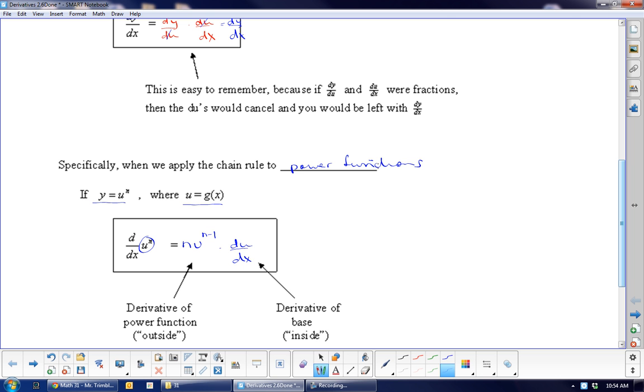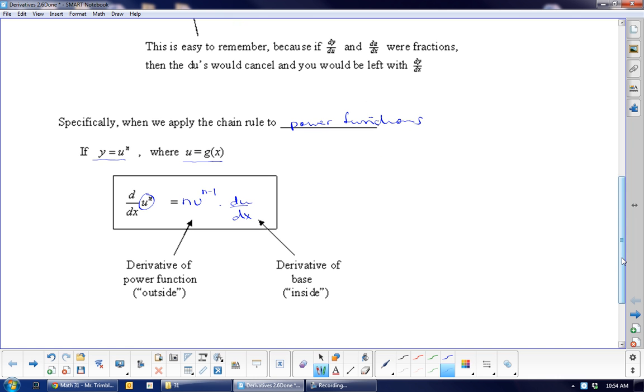So you do the derivative of the outside and then do the derivative of u. So derivative of the outside function times the derivative of the inside function. Okay? So that's just a bunch of ways to say the same thing. And I think this makes totally no sense until you actually see the examples. So that's why I kind of did that first, so you can see how this works.